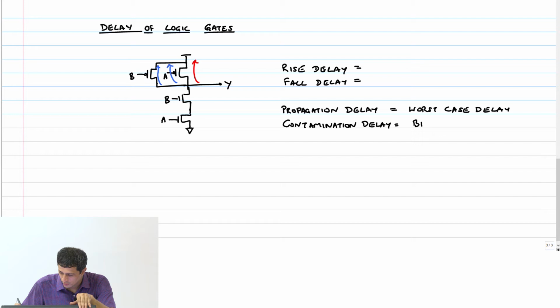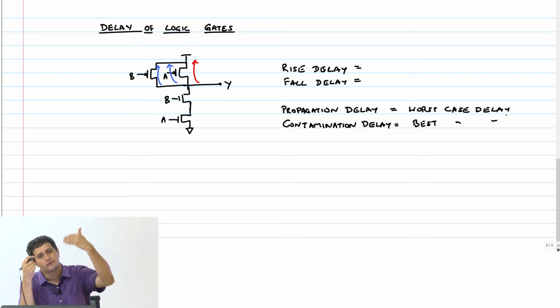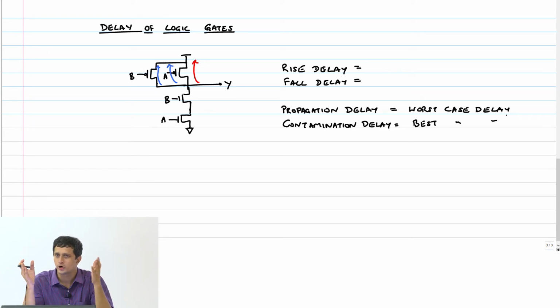This is your best case delay. Contamination has a negative connotation to it because in sequential circuits, contamination delay can actually affect your circuit quite significantly because data can race through the gate and go and affect your flop in the next stage. While the flop is trying to capture data of this particular state, data of the next state can just race through and go and contaminate that flop, and therefore it has a negative connotation to it. It's called contamination delay. That's all. But just keep these two in mind for now.